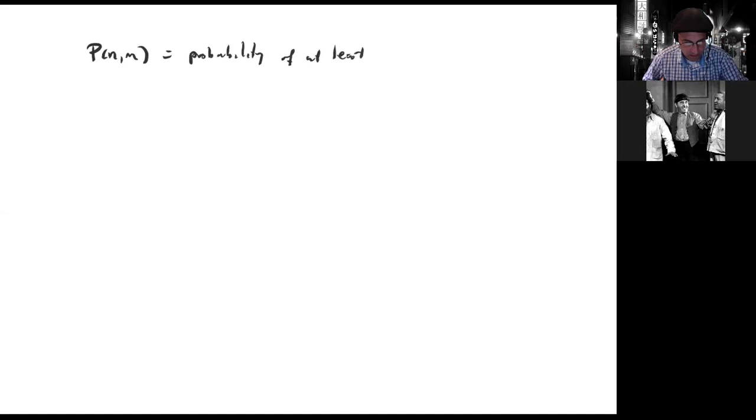Okay, so where are we? We're talking about P of n comma m, and this is the probability of at least n successes before making m failures.